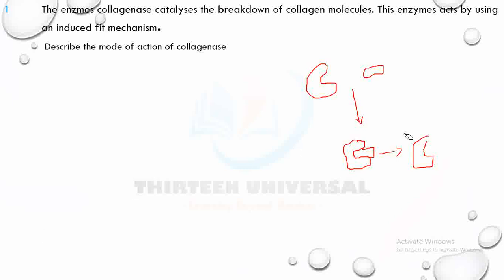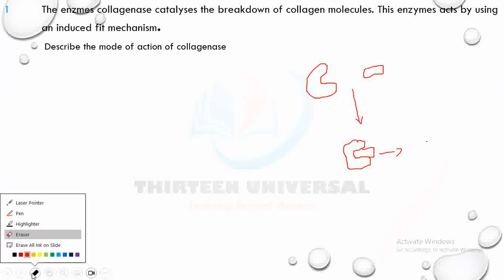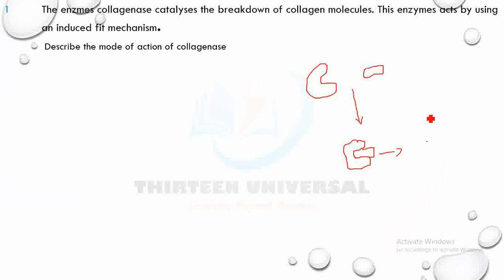And then that forms the product. So the enzyme returns to its original shape. Something like this. So this is going to be the product.